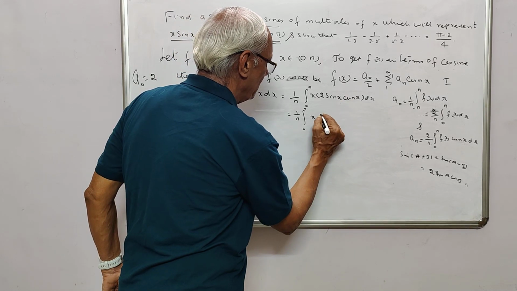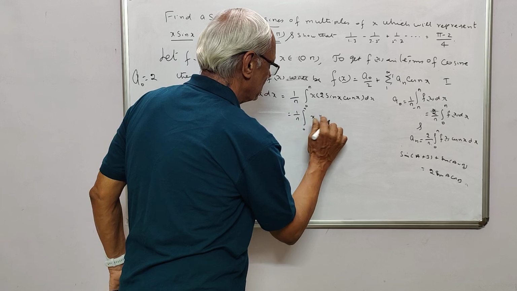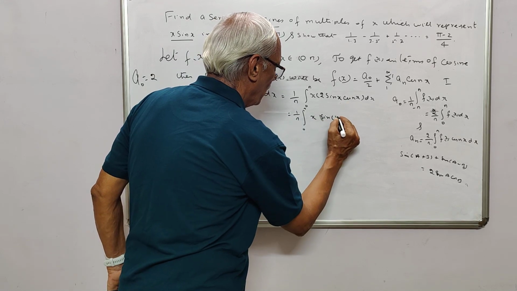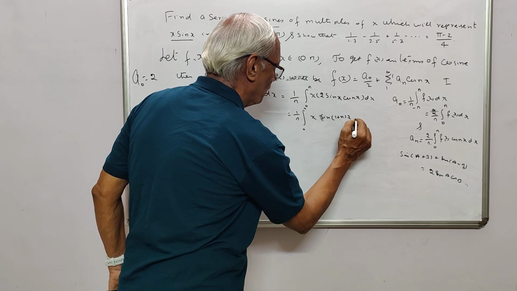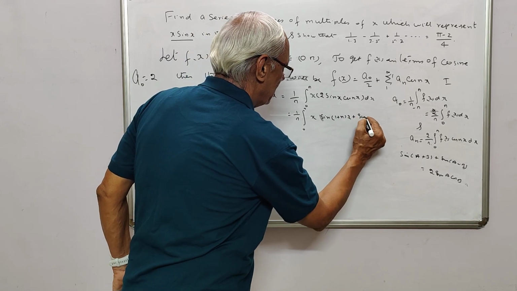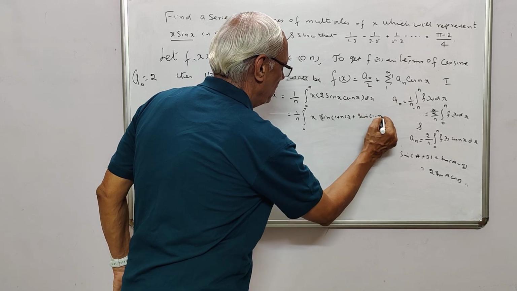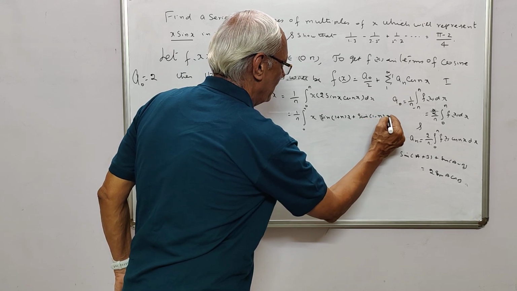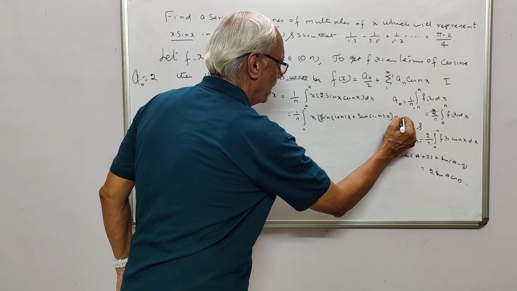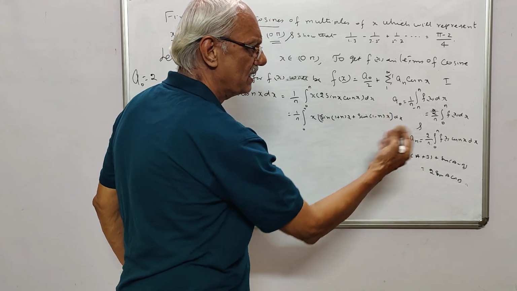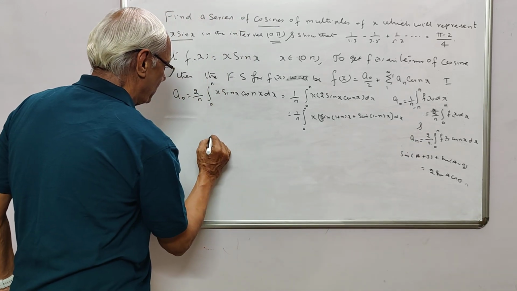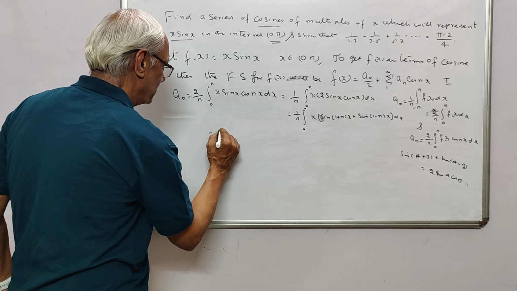So what is it that you will get here? 2 here, sin of (1 plus n) of x plus sin of (1 minus n) of x. This is what I will get. Applying this, you can apply even the other one also. So what do you get here? I will start writing from here so that I will have more space.